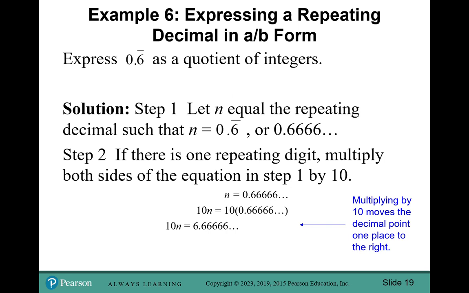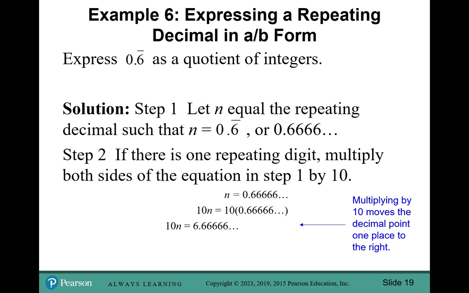What we next need to look at is expressing repeating decimals. We want to express 0.6 repeating as a quotient of integers. I have a process here. Step 1, we let n equal the repeating decimal, such that n equals 0.6 repeating, or 0.6666666 repeating.